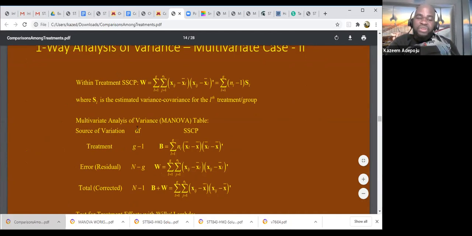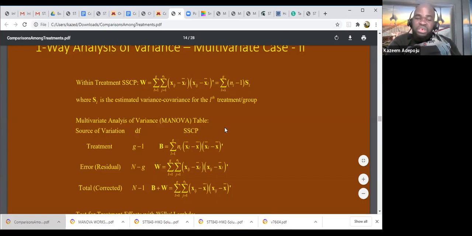We have the degrees of freedom, G minus 1, where G is the levels of treatment, then N minus G, and N minus 1. Then we have the sum of squared cross products, and this is the formula. This is B. We're going to have within. And this one here is going to be this plus this.